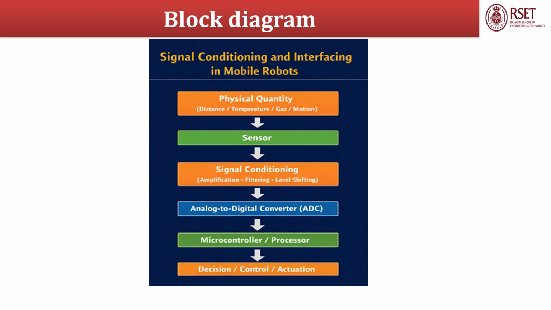This signal is then processed by a signal conditioning unit to improve its quality. The conditioned signal is converted into digital form using an ADC, that is an analog to digital converter, and sent to the microcontroller or the processor. Based on this data, the robot makes the decision and performs appropriate control of actuation.